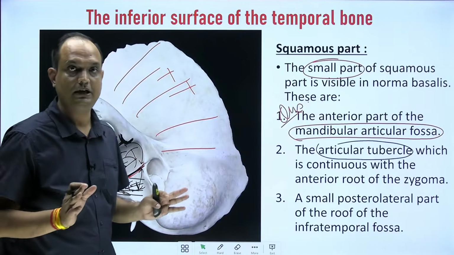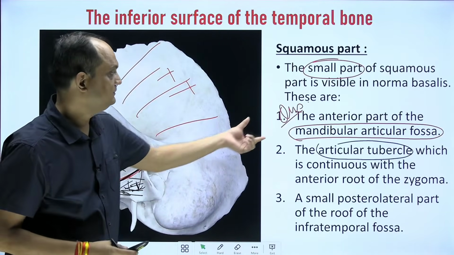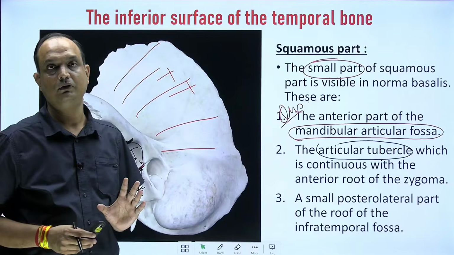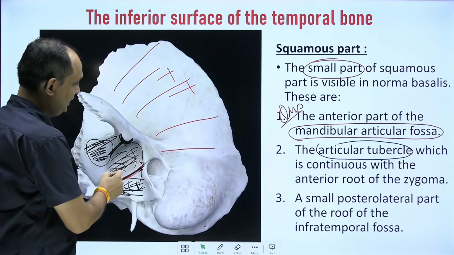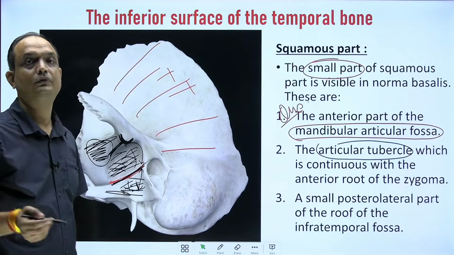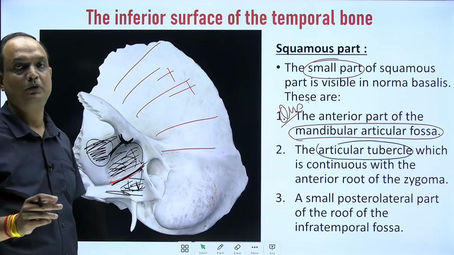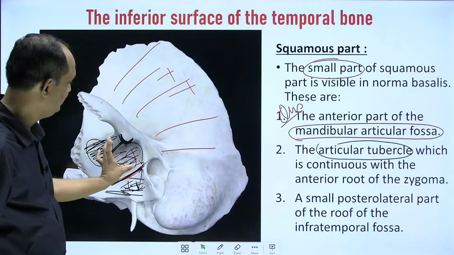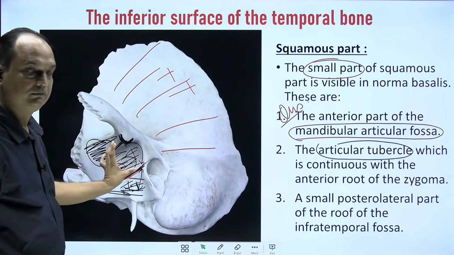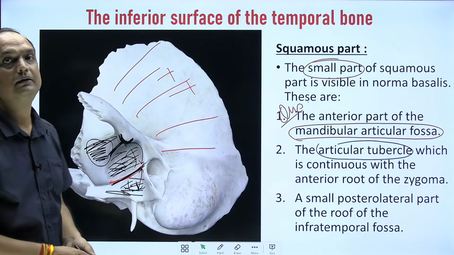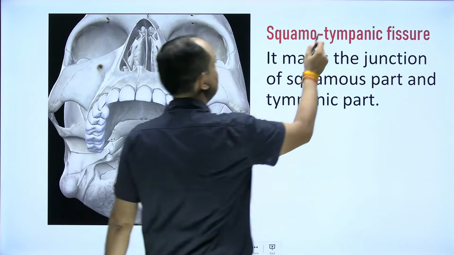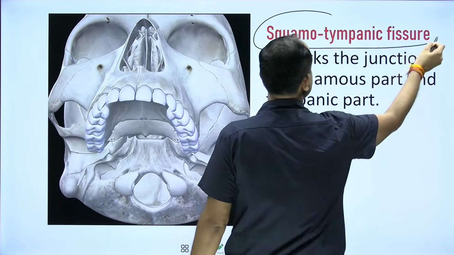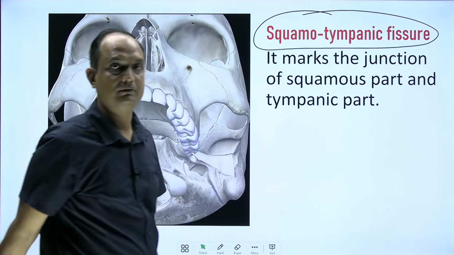But majorly, this first point is very important for your exam, because many times you have the question: the mandibular fossa is made up of which parts of the temporal bone? So the mandibular fossa is made up of the squamous part in front of the fissure and the tympanic part behind the fissure. Now this is the answer: that fissure is known as the squamotympanic fissure.